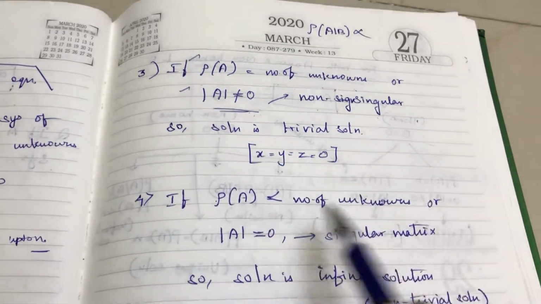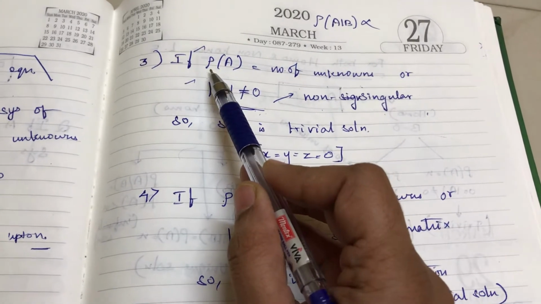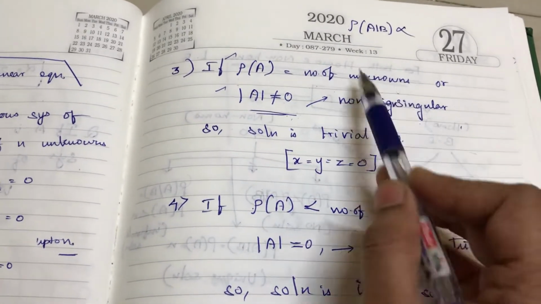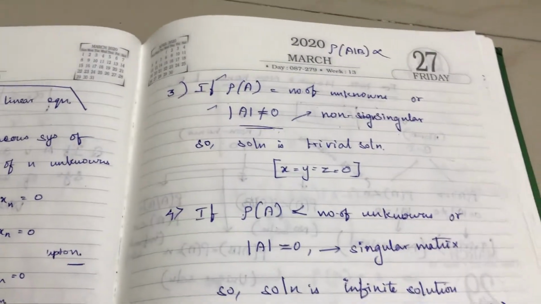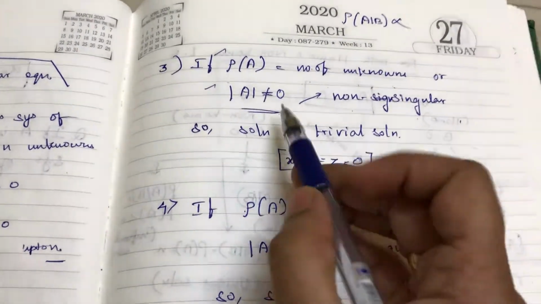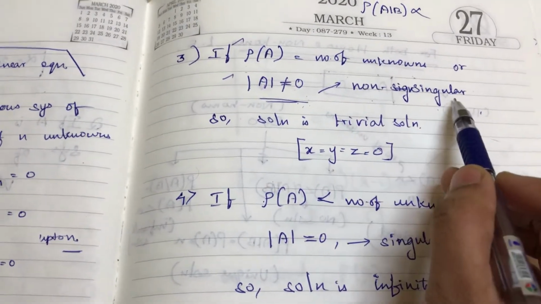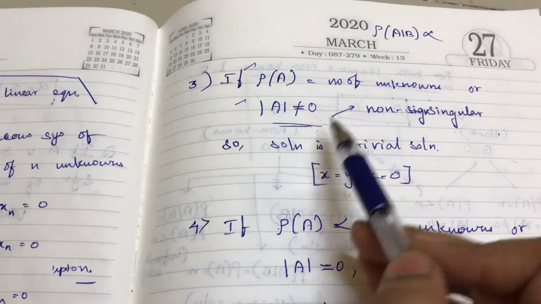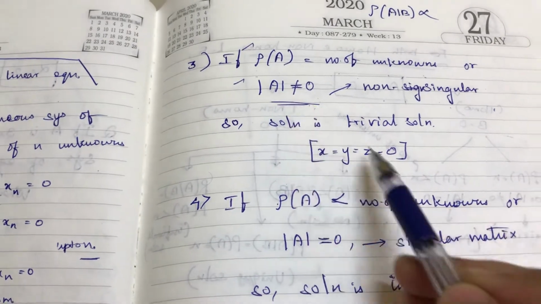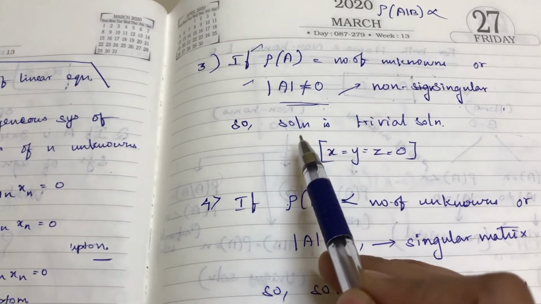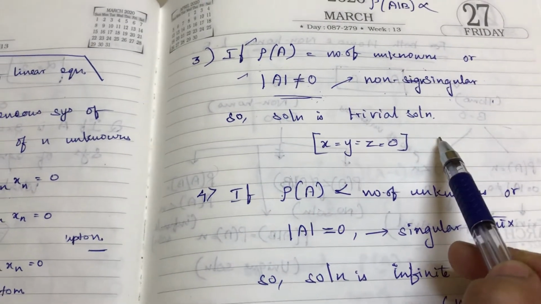Then we need to compare the rank of A with the number of unknowns. If rank of A is equal to the number of unknowns, or else determinant A is not equal to 0, that is a non-singular matrix. If this condition is satisfied, the solution is the trivial solution.